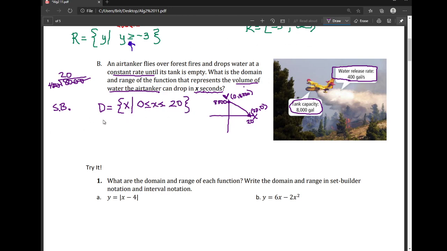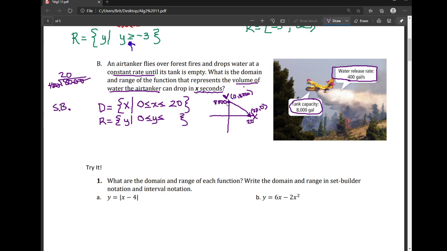Now for my range, I'm going to say the range is equal to, and remember range talks about all the y values, and my inequality is going to look the same way. It's going to be y being sandwiched between two values. In this case, my smallest y value, the smallest part on this axis that the graph is passing, is at 0.